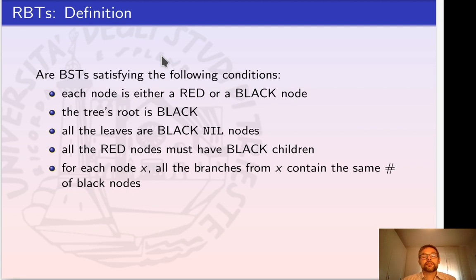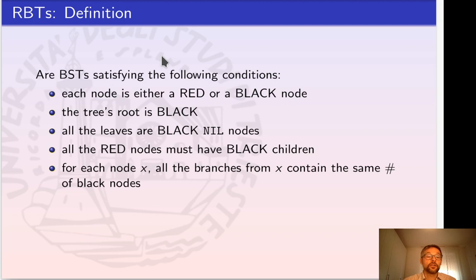So the point is that each node is either red or black. The root will be black for sure. All the leaves, which are nil nodes, should be black. Again, the nil nodes are not really necessary, but they are useful to have a uniform handling of all the possible situations.